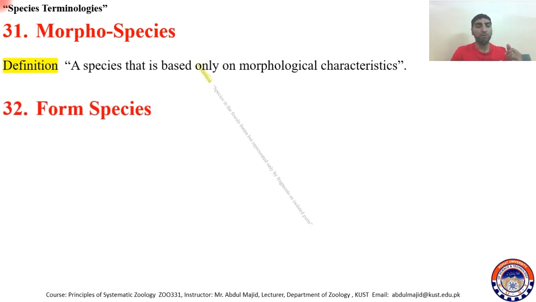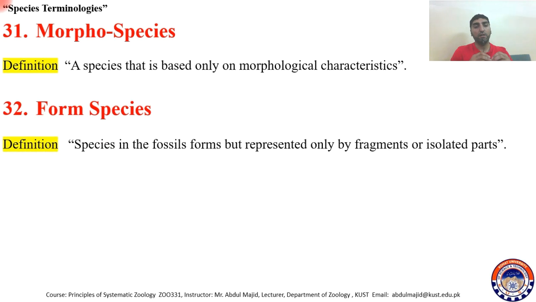Then there's form species. This is a species in fossil form but represented only by fragments or isolated parts. I mean, a species which is present in fossil form, there is no living form, but in fragmented form, not as a whole.